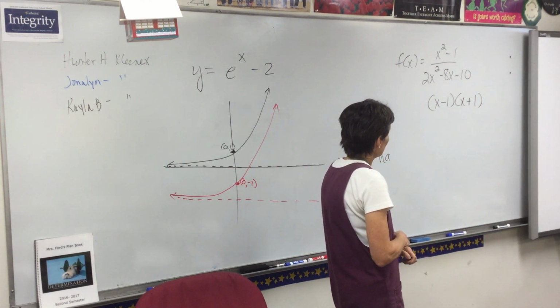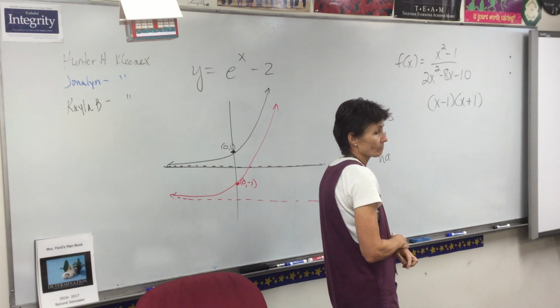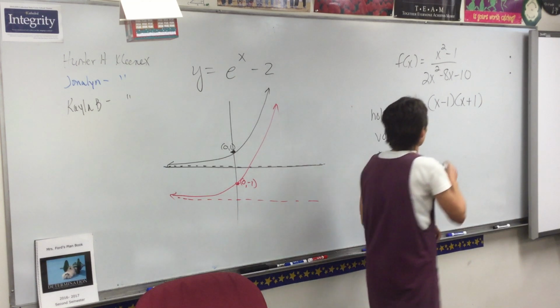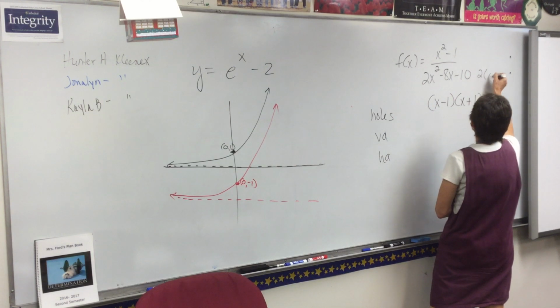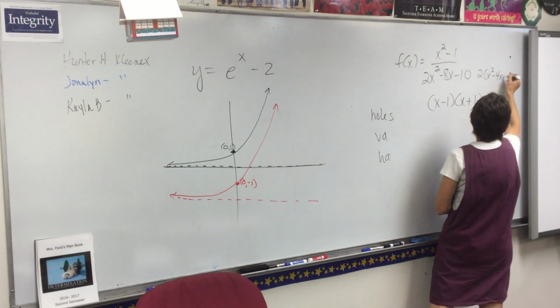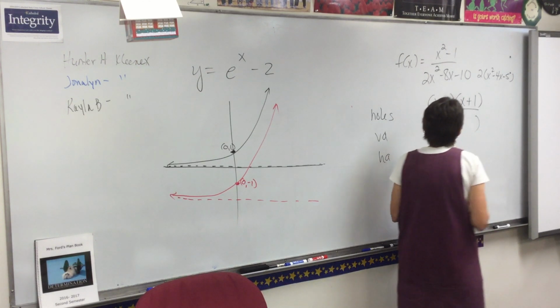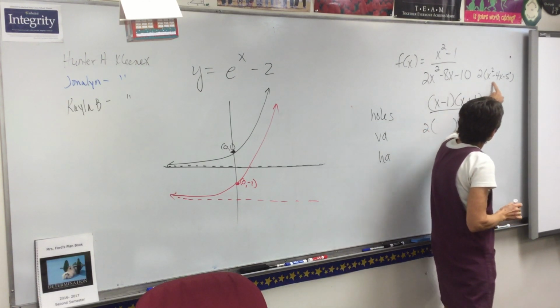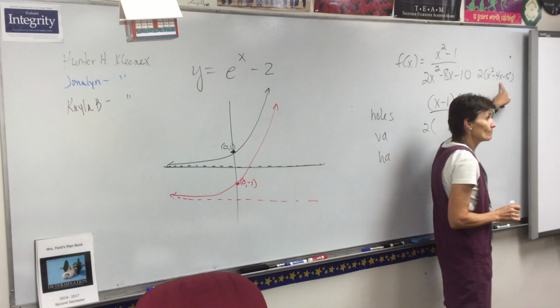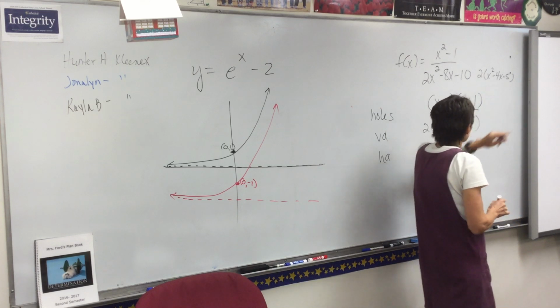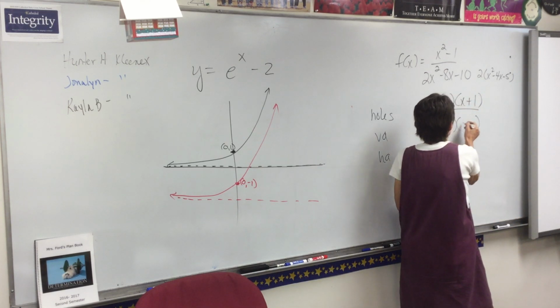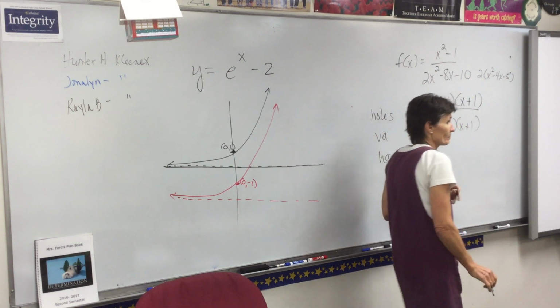What about the bottom? Pull a 2 out. So if I take a 2 out, I'll be left with that. If I take a 2 out, and then does that factor? X minus 5 plus 1.